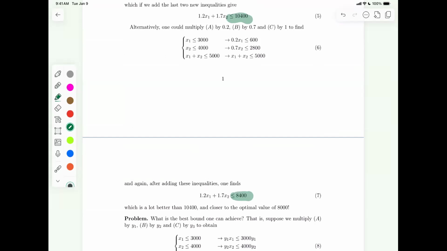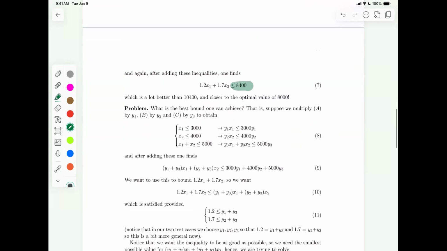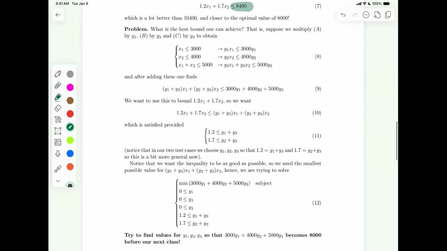Yeah. How did we get from line 9 to line 10? Let's see. Okay. So the thing is, this is what you get when you multiply the inequalities by y1, y2, and y3, right?